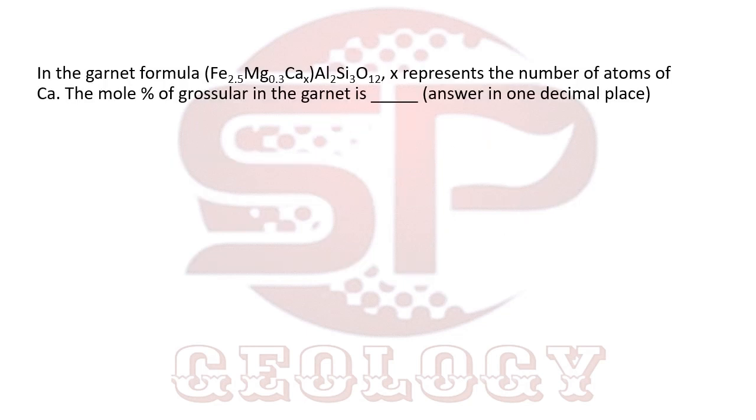In the garnet formula, Fe 2.5 Mg 0.3 CaX Al2 Si3O12, X represents the number of atoms of Ca. So we have to calculate the mole percent of grossular in the garnet. In the general formula of garnet, it is X3Y2Z3O12. So the X place will add up to 3.